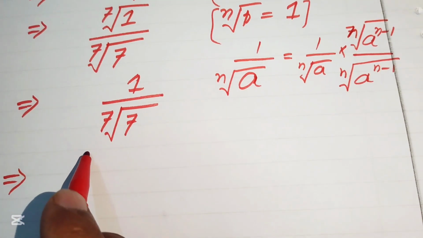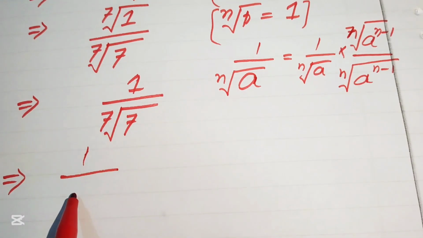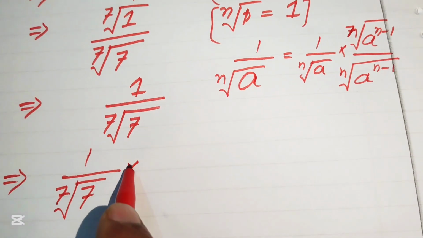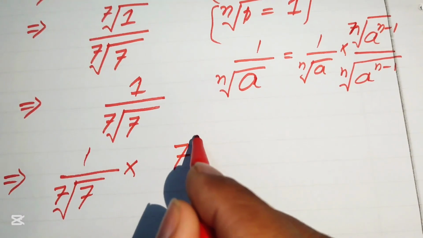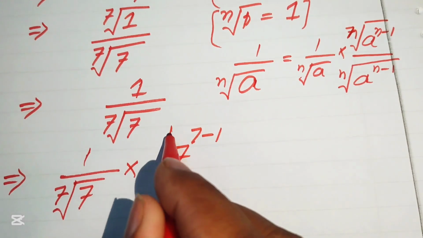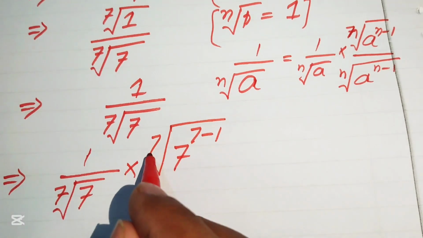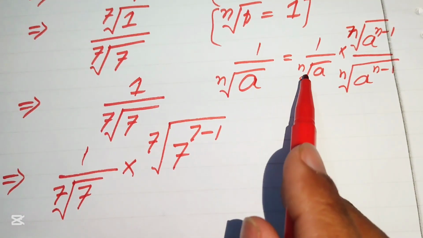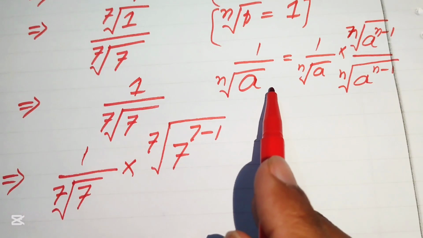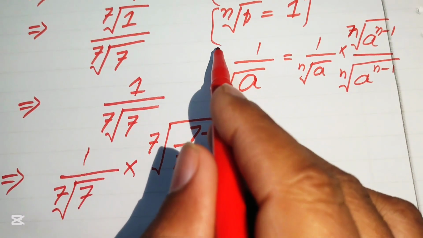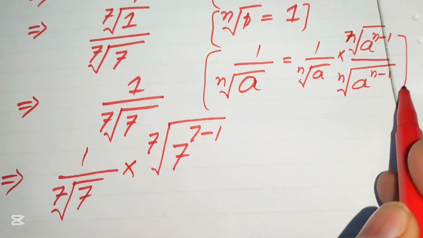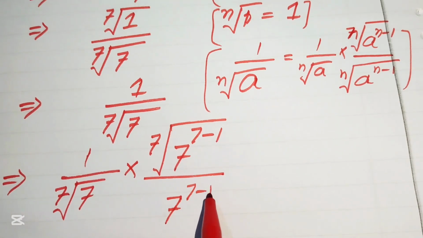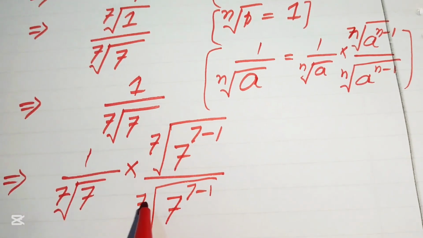So it will be written as 1 over the seventh root of 7, multiplied by the seventh root of 7 to the power of 7 minus 1, because here we have the value of n as 7, so we can replace n equals 7 and a equals 7 in this nice radical formula. And also it is divided by the seventh root of 7 to the power of 7 minus 1.